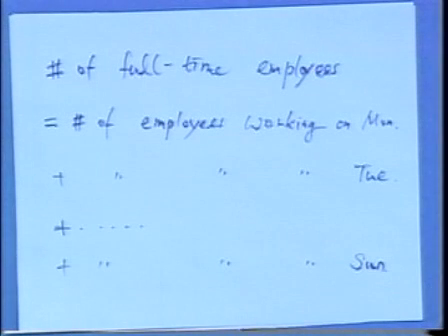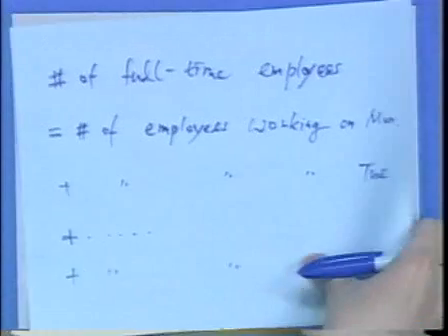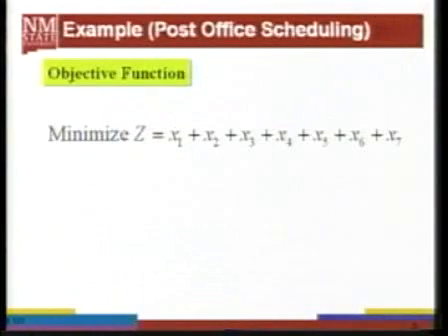Okay? And using this decision variable, probably you can think our objective function would be to minimize the total number of employees working on each day, which is the summation of x1 through x7, like this.